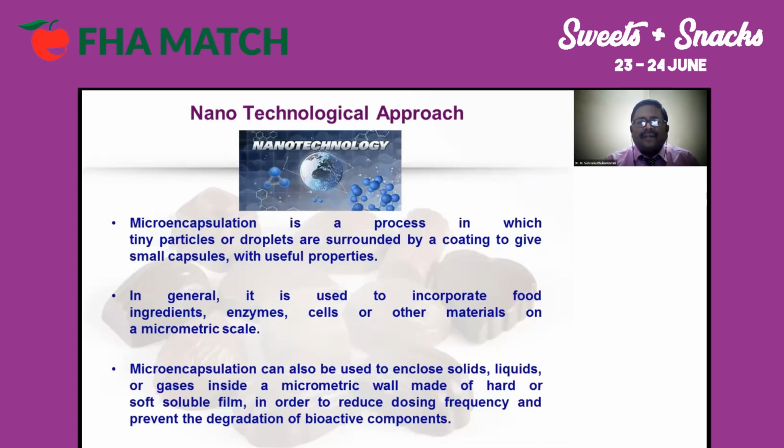These are the major advantages of using microencapsulation techniques. Microencapsulation can also be used to enclose solids, liquids, or gases inside a micrometric wall made up of hard or soft soluble films, so that we can prevent the degradation of bioactive components.